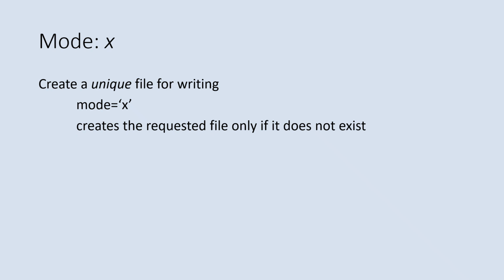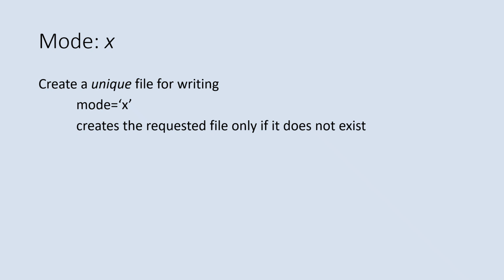So if we say, hey, let's create a file with the write mode, and then later try to create another file with that same name in mode X, we'll get an error that says, no, that file already exists. But if that file name is not already in place, then the X mode will create the new file.